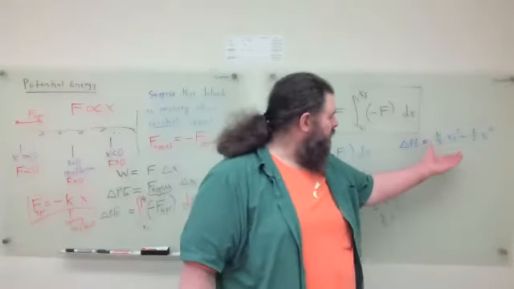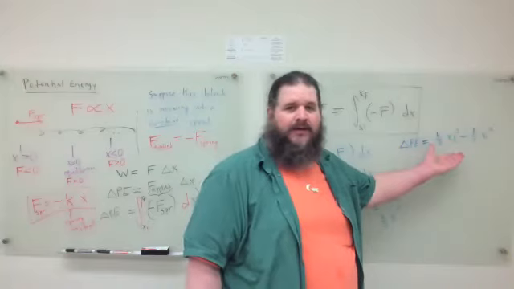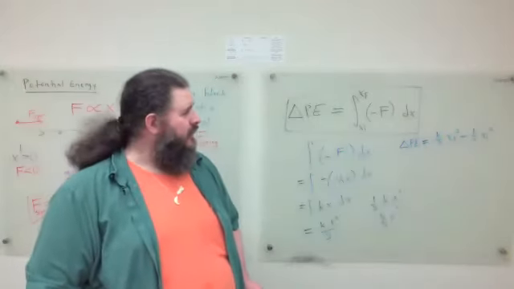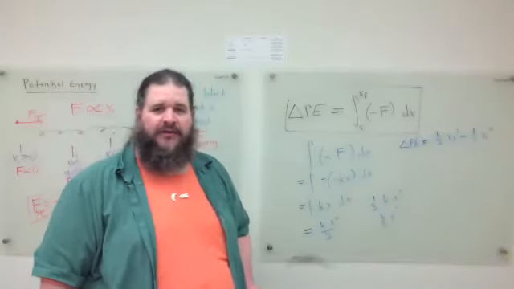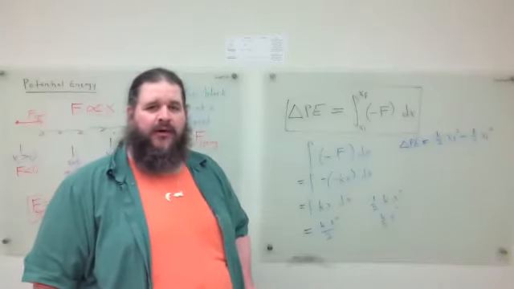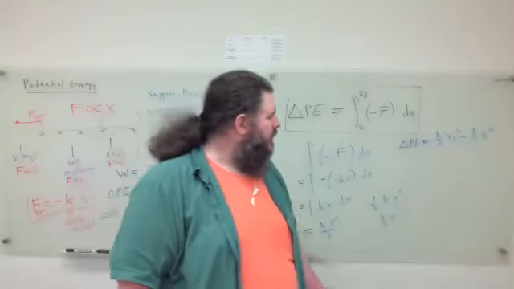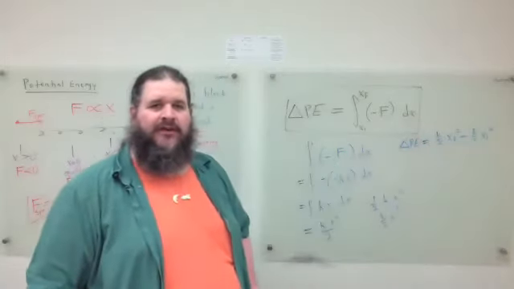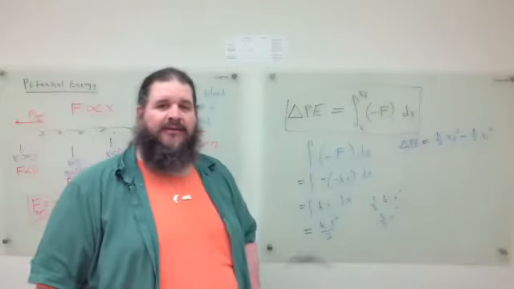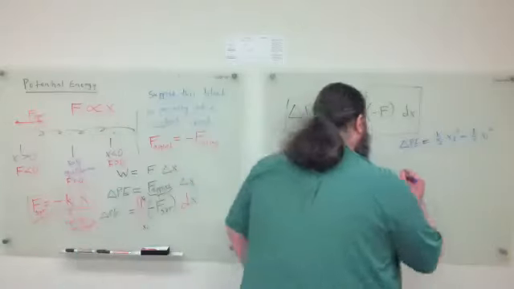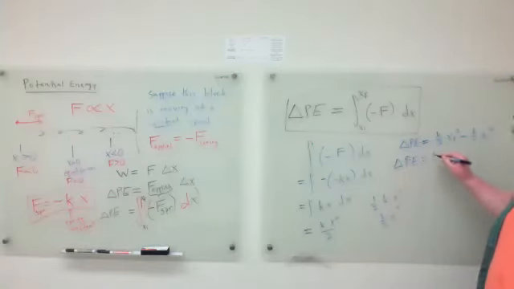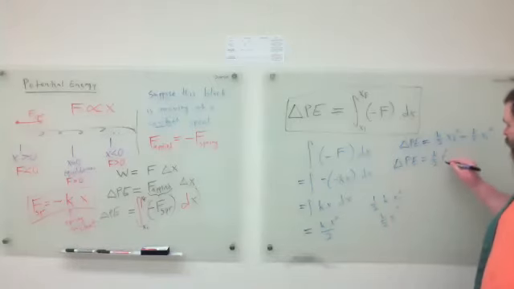We've got 1/2 the spring constant times x final squared minus 1/2 the spring constant times x initial squared. They're different x values because we've got x final versus x initial. But yeah, it's the same spring constant because that's just a property of the spring. They both have K, and also they both have that divided by 2. So if K over 2 shows up in both terms, we can factor out K over 2 and get change in potential energy equals K over 2 times x final squared minus x initial squared.